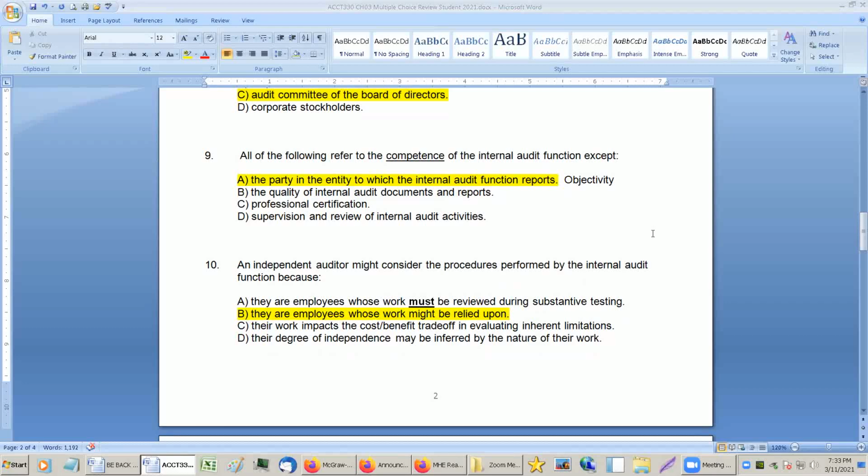Do you guys want to do the next 10? Have you done the next 10 or no? Okay, we'll do the next 10. We probably won't get to the rest, but we'll see when we finish up.